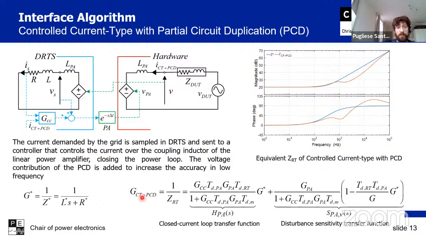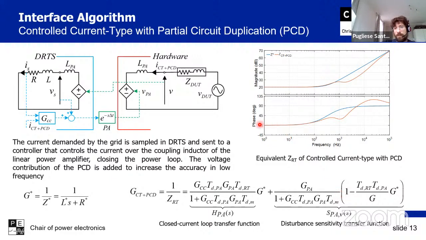So at the end, if we represent the equivalent admittance, you see that it is equivalent to the current controller, but this term, which was the sensitivity transfer function, which has an impact more at low frequencies, is strongly decreased.